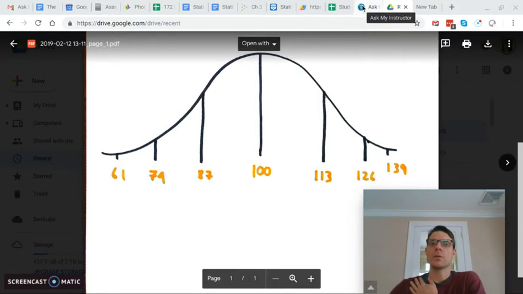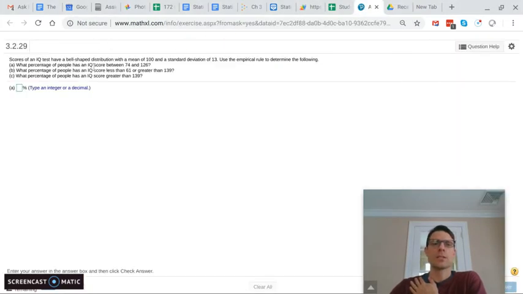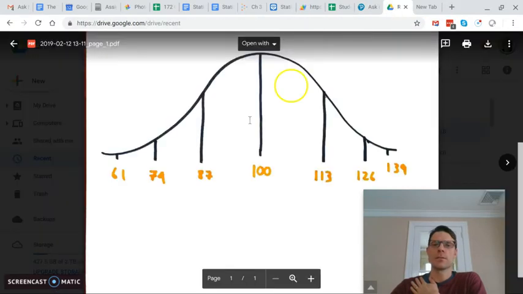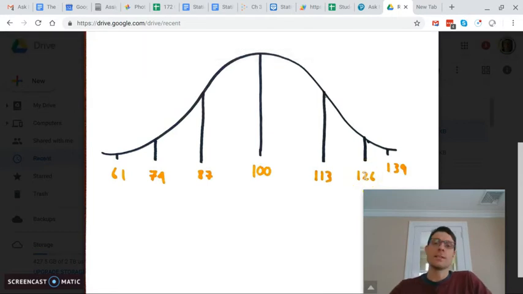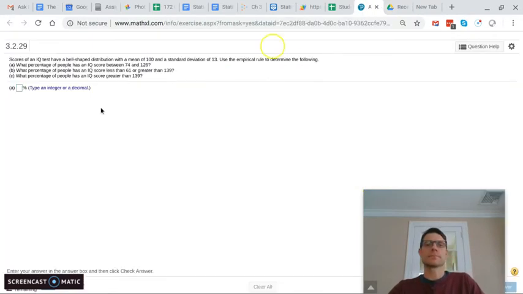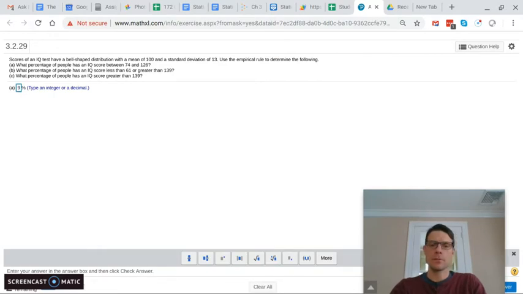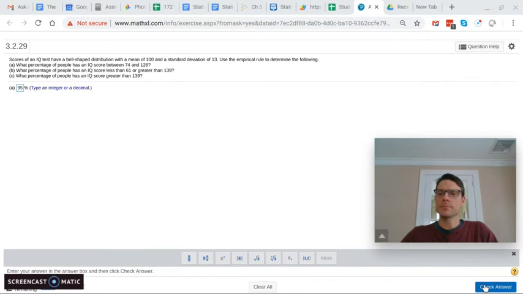So let's go back to the questions. What percentage are between 74 and 126? That's 2 standard deviations, 74 to 126 here. So that's 95%. And that's just straight empirical rule.